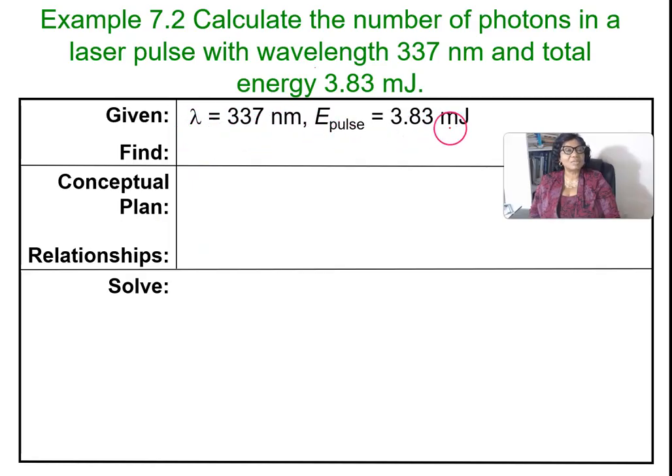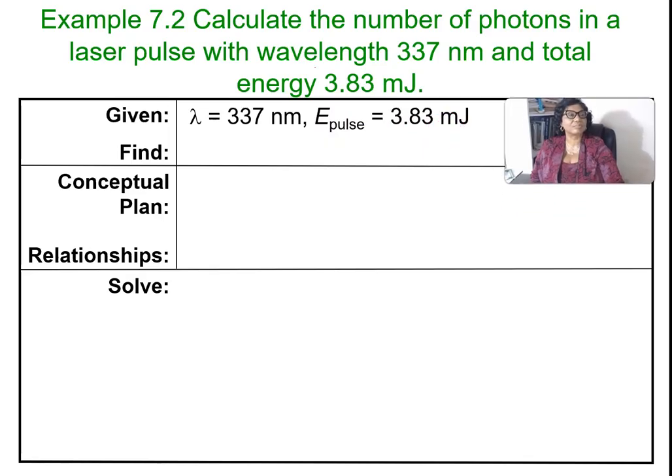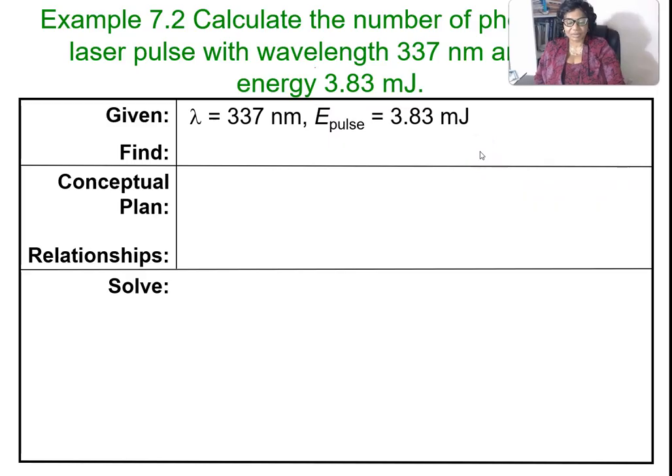This is our pulse in millijoules. So what we want is the number of photons. So we need to find the energy of the photon.